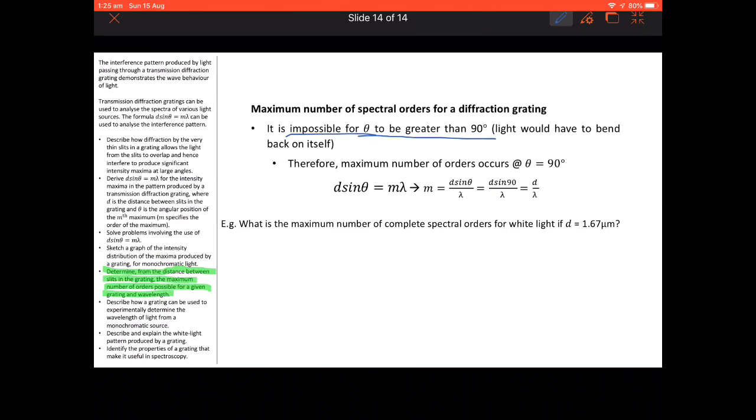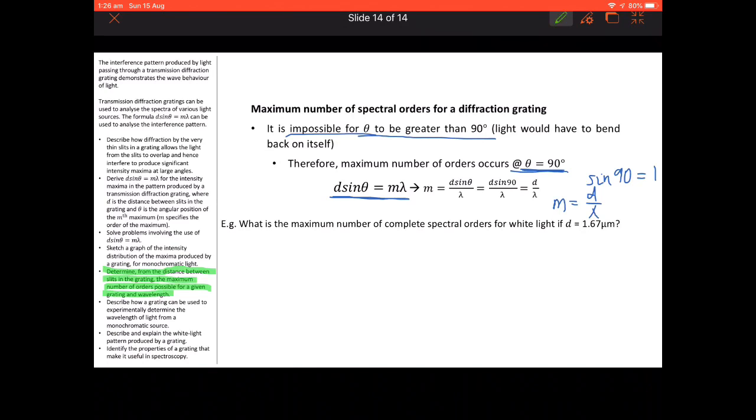So therefore, the maximum number of orders occurs when theta is equal to 90. And again, we use the path difference formula, but because sine of 90 equals 1, the formula simplifies to m equals d divided by lambda.